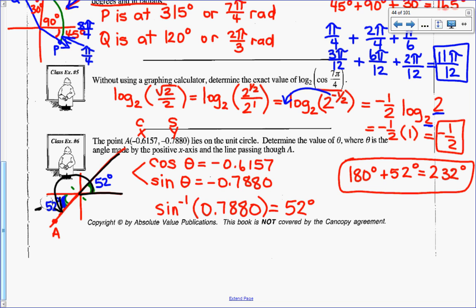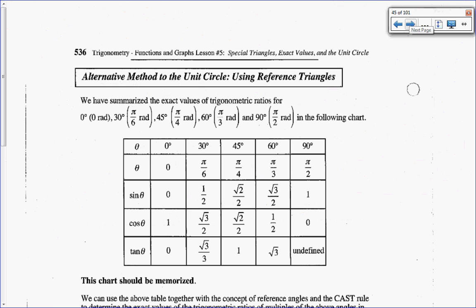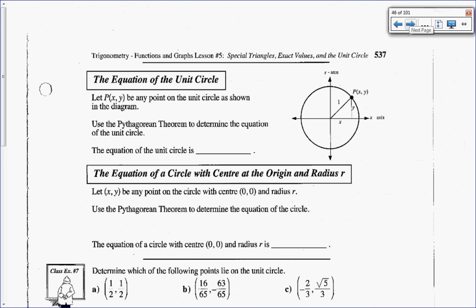All right, we're actually going to jump over to page 537, and we're going to talk about the equation of the unit circle, okay? So what this is saying is if we have a point, P, on the unit circle, it has an x and a y coordinate, okay? And we can always use the Pythagorean theorem to determine the equation of the unit circle.